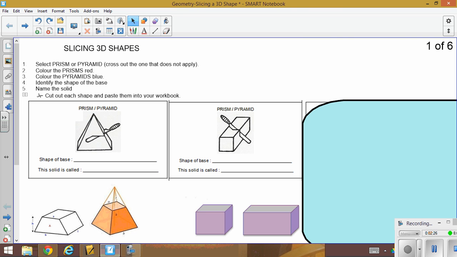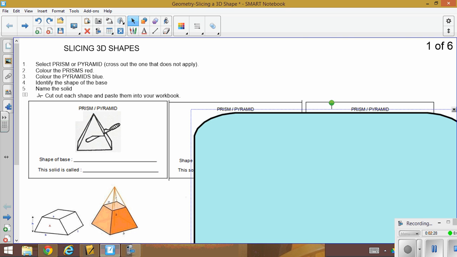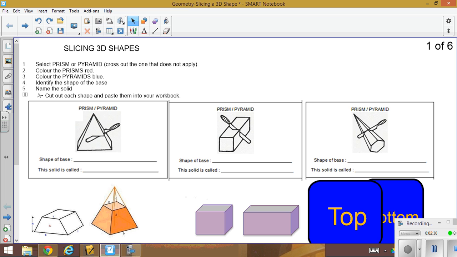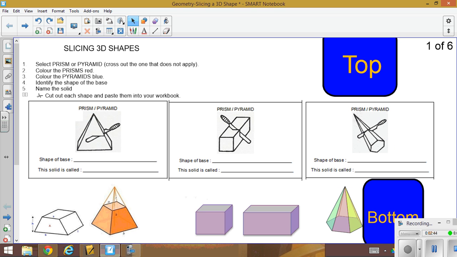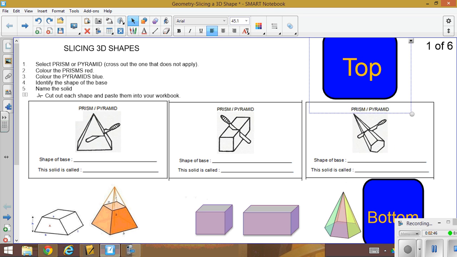And for the third shape, if you count the base, there's 1, 2, 3, 4, 5, 6. So I have a hexagonal pyramid, and the base is called a hexagon. So the top part of the shape will look like this colored shape that I have at the bottom.